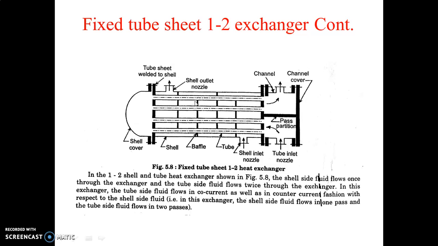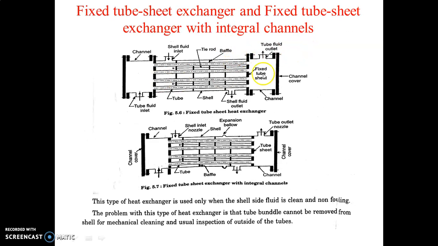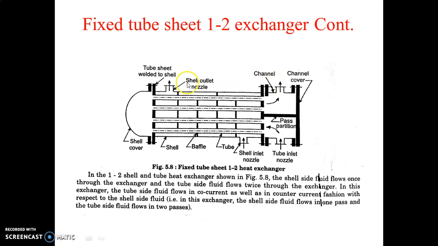The tube side fluid is passing through these tubes from here, gives the heat or takes the heat, and then it goes in this direction in co-current or counter-current fashion. So this is the working of the fixed tube sheet 1-2 shell and tube heat exchanger. Note that in the previous case there is a fixed tube heat exchanger, but it is of 1-1 type, and this one is 1-2.